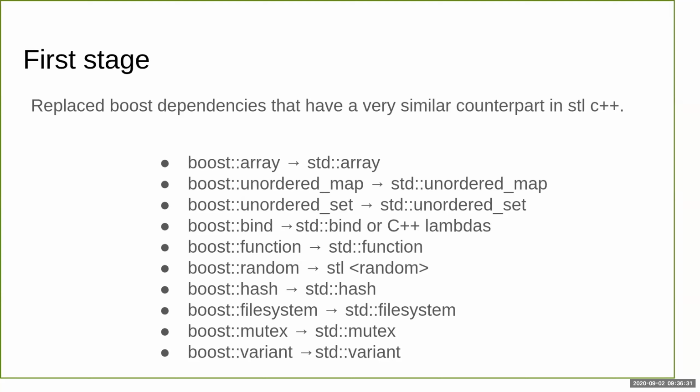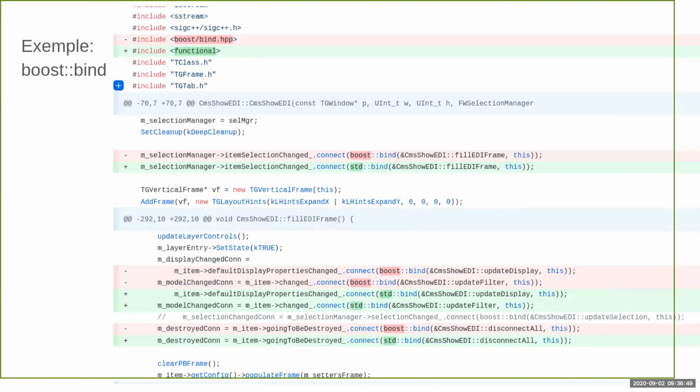Another example, boost unordered map, we have std unordered map. So if we can find and replace those dependencies, we can upgrade our code and make it more standard. For example, boost bind, we can replace it with std bind very easily and without any costs.